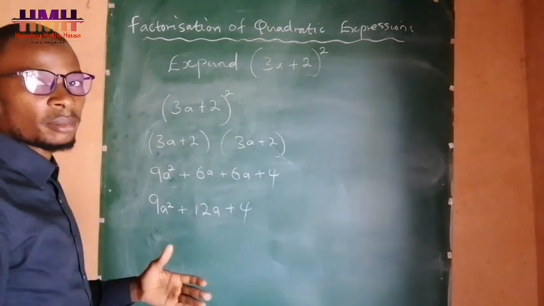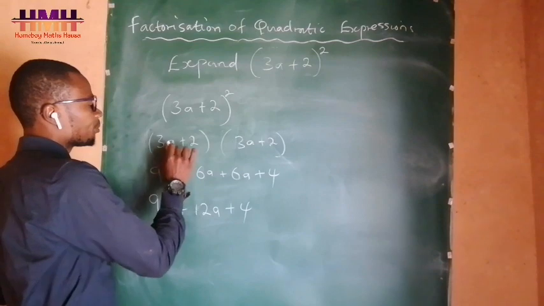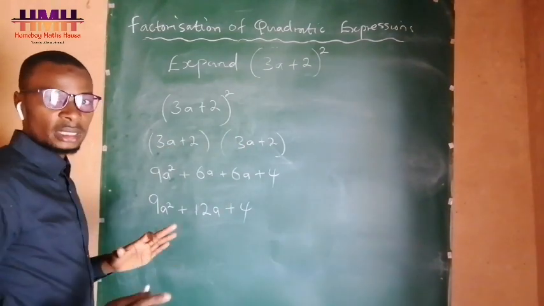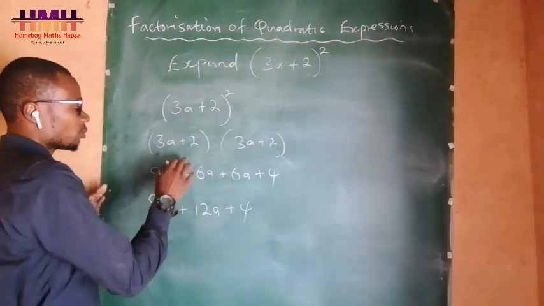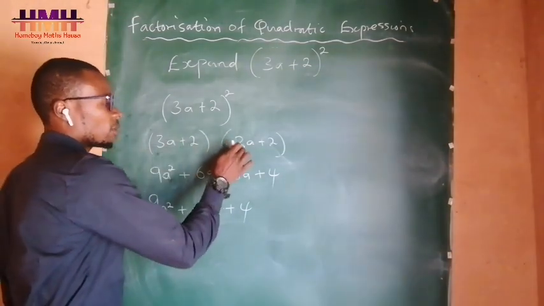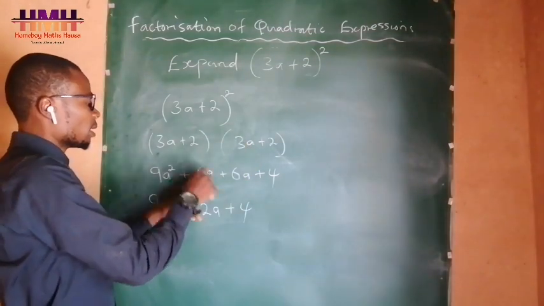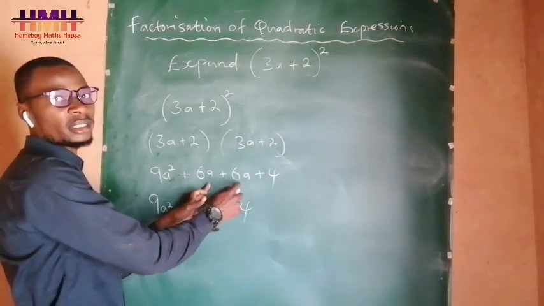Let's recap, let's make sure our answer is correct. We say 3a times 3a gives us 9a squared. Second, 2 times 3a gives us plus 6a. Next, 3a times plus 2 again is plus 6a.